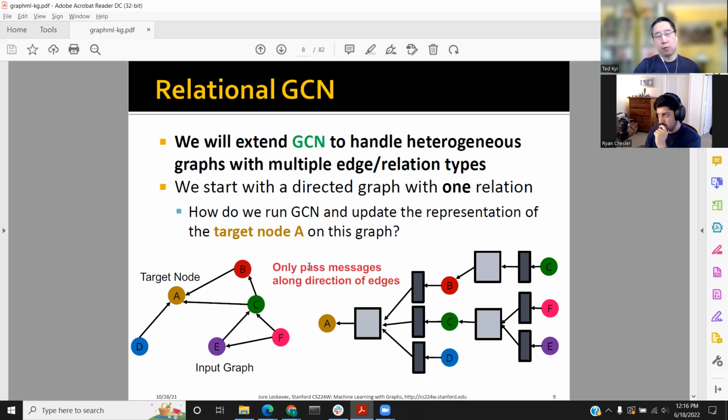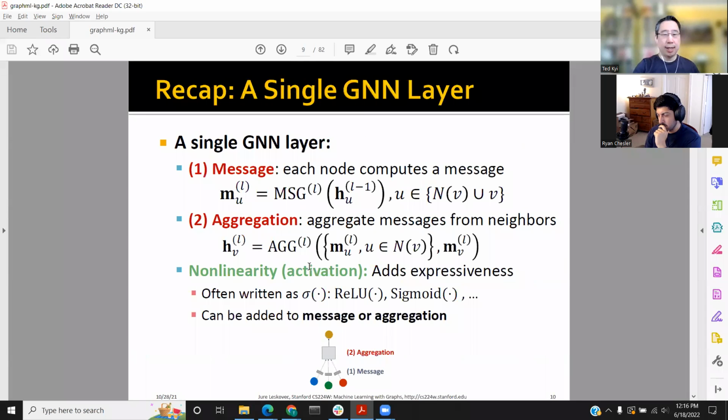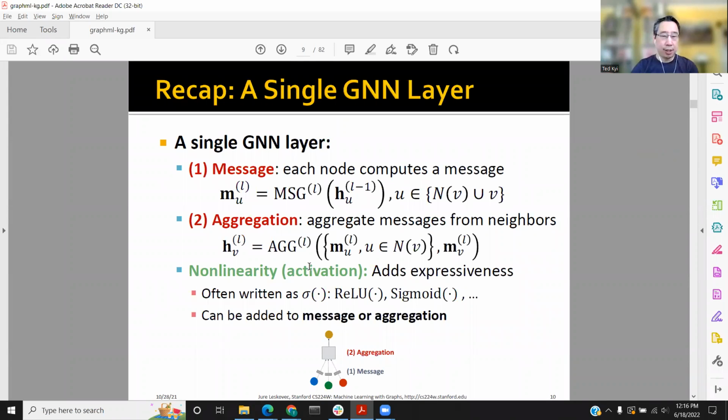And so formally, what is this information that we're taking in? We say that we get a message from each of these nodes, and then we aggregate them in some way. A very simple thing we could do is we just take the embeddings from those other nodes. That's the message. Another simple thing we could do is just average them or sum the messages coming from our immediate neighbors.